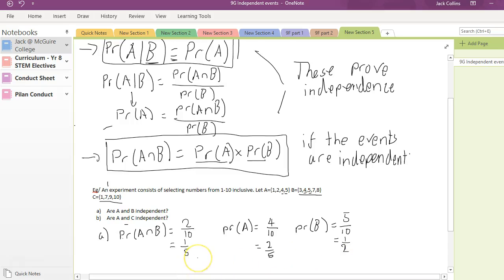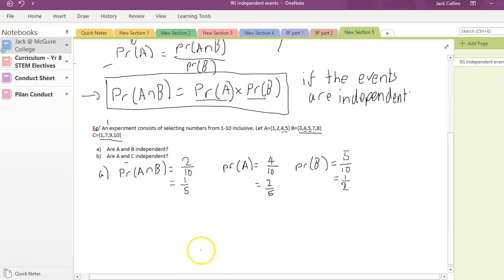So, therefore, probability of A times the probability of B equals, long working, 2 out of 5 times 1 out of 2, multiply top by top, bottom by bottom, that's equal to 2 out of 10, which equals 1 out of 5.